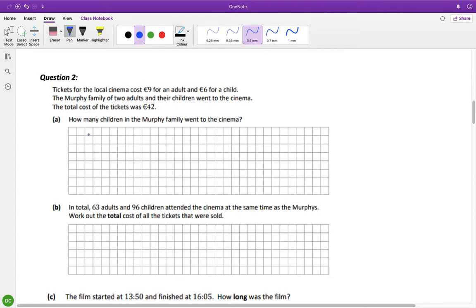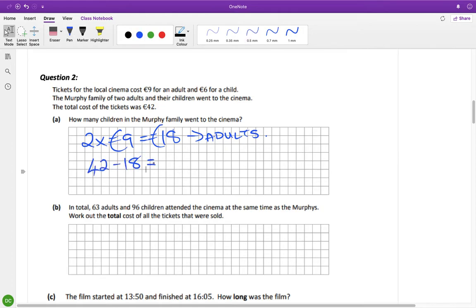So 2 by €9 is €18, and that's the adults. So how much is left? So 42 minus 18 is €24. And the kids' tickets are €6 each, so divide that by 6. It's 4.